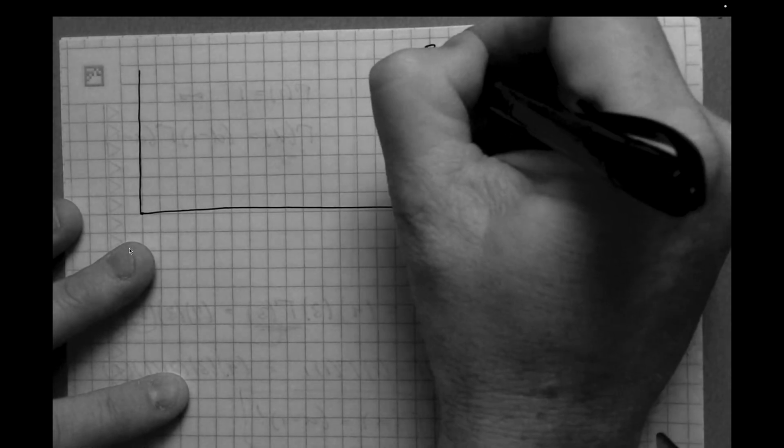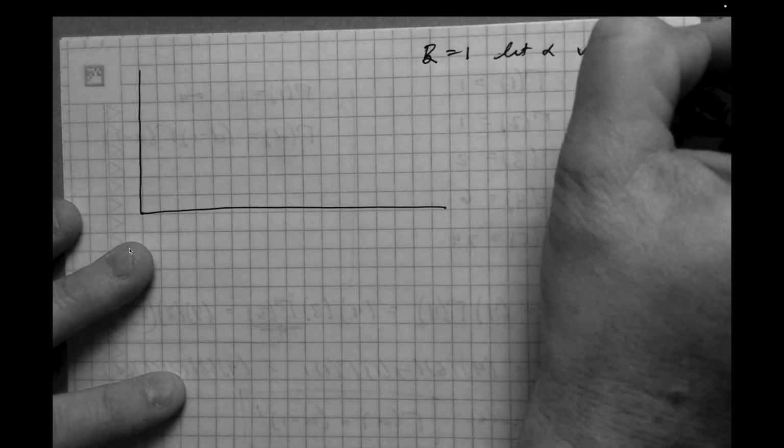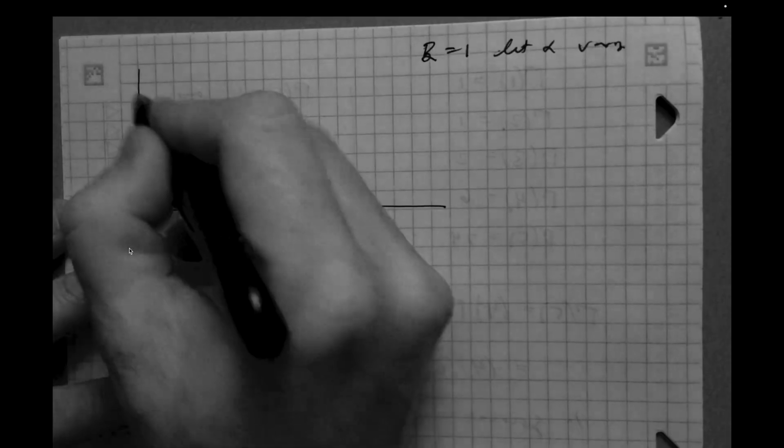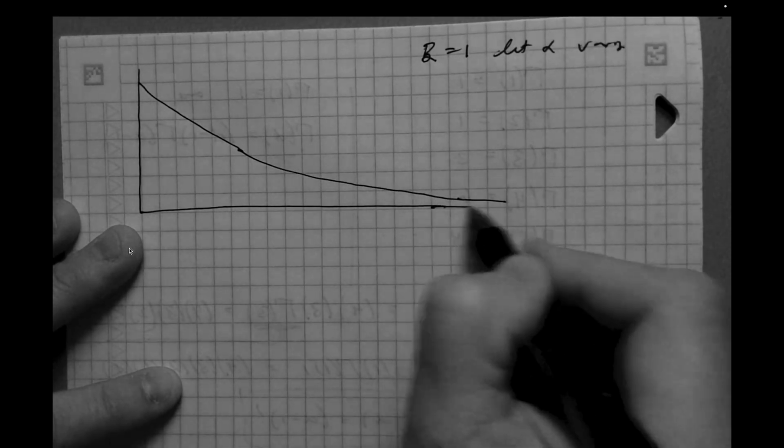So here we're going to set beta equals 1, and we'll let alpha vary a bit. Just 3 examples. So when alpha is equal to 1, the gamma function looks like this.